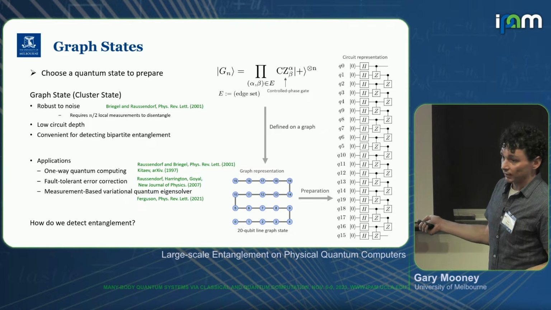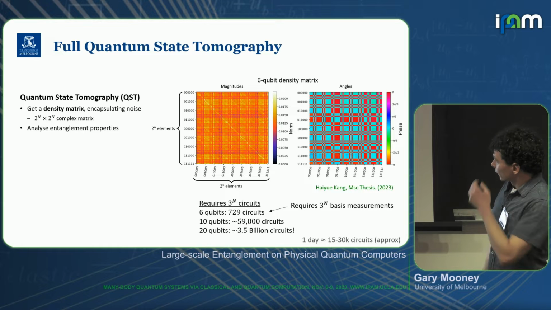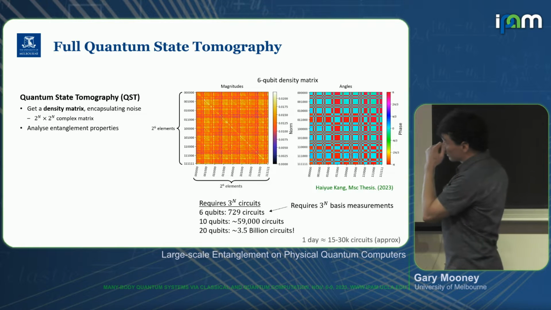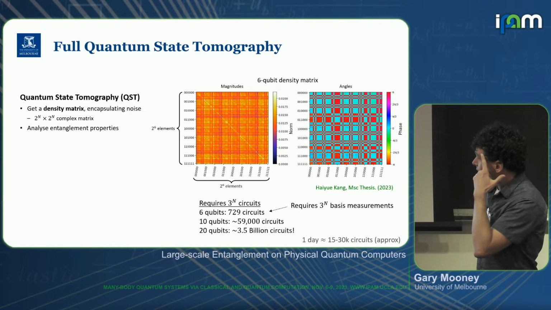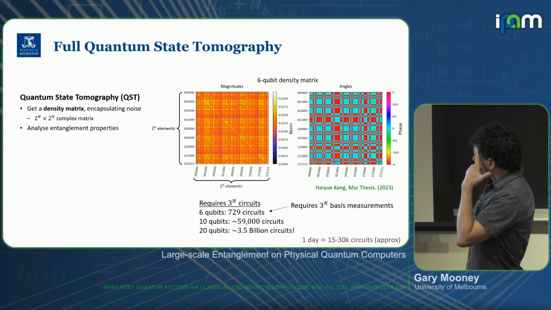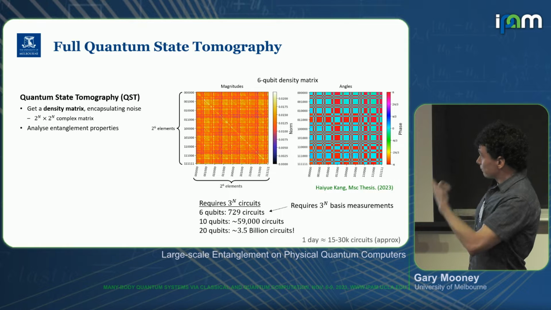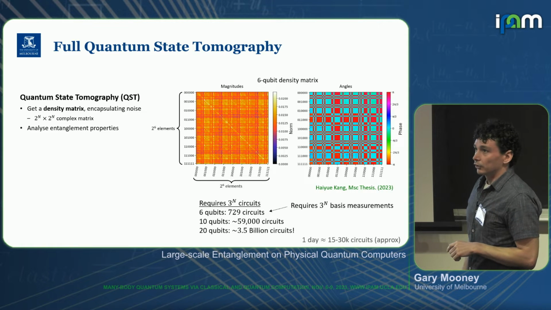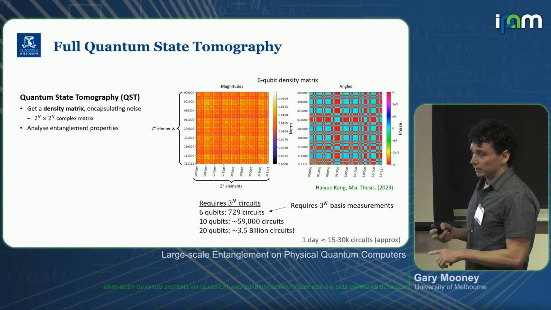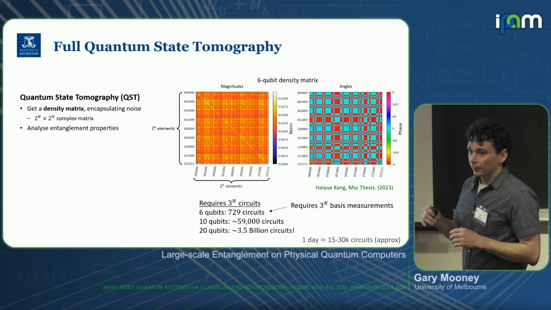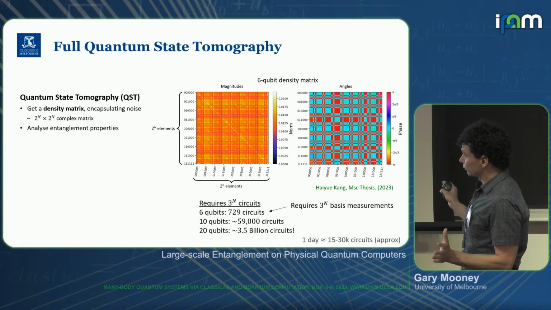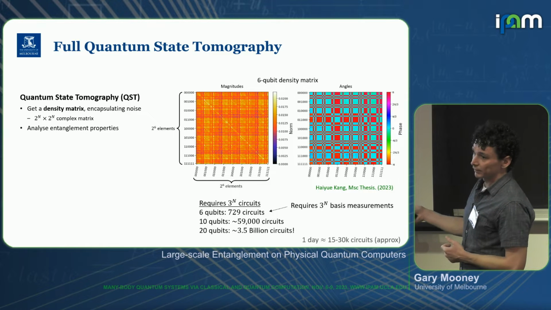So how do we now detect the entanglement? A naive method would be to just do full quantum state tomography on the whole state. That means you take all the different basis measurements, X, Y, Z, I, for each of the qubits, and you construct a density matrix from that.